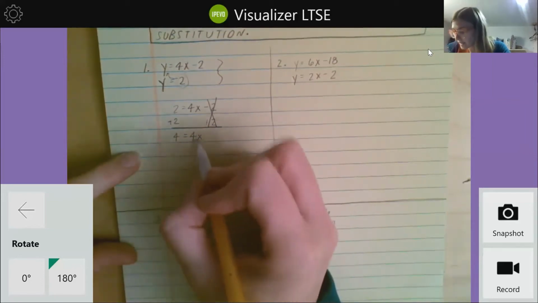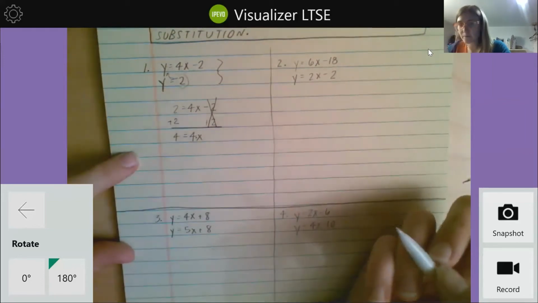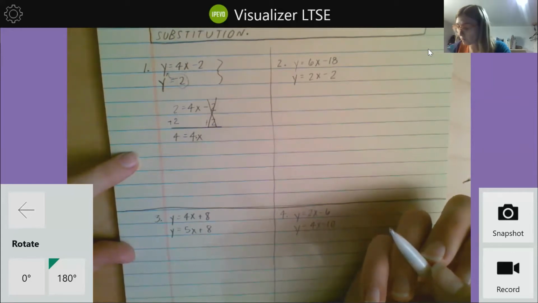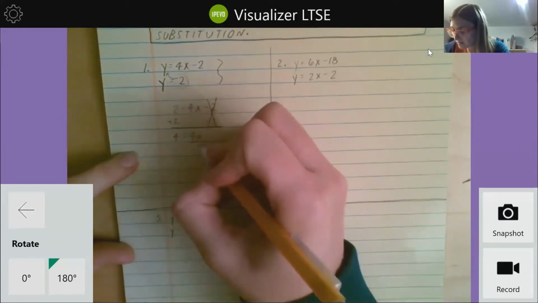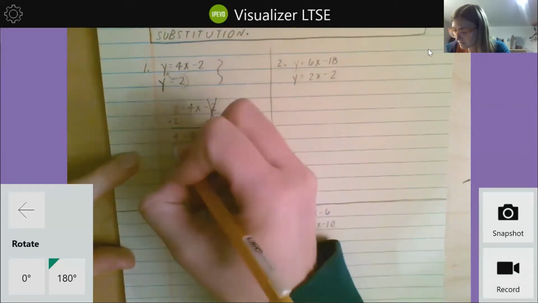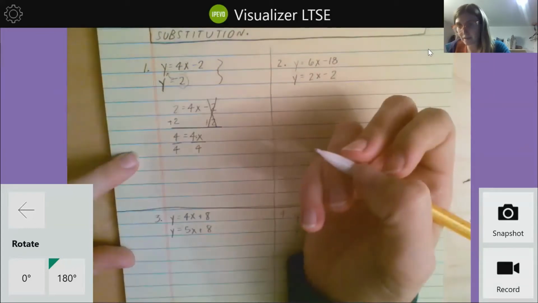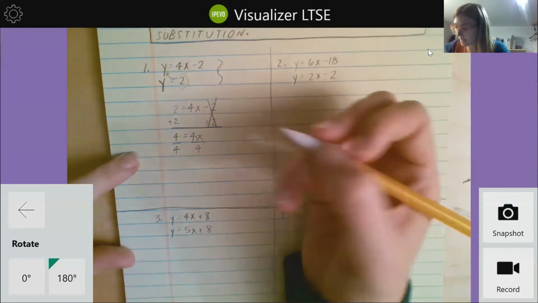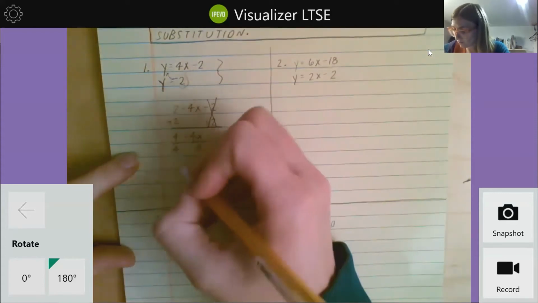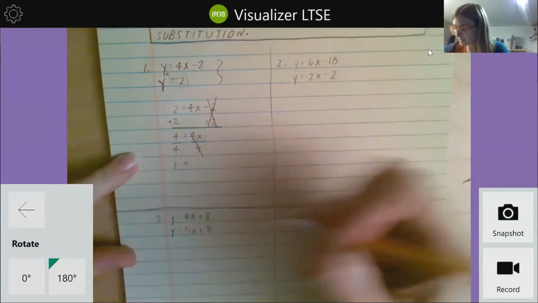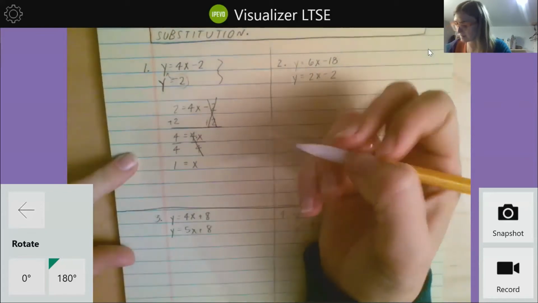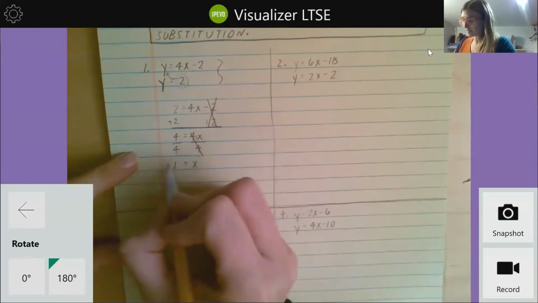I know that there's an invisible multiplication sign in between the 4 and the x. So in order to undo that multiplication, I need to divide. So I divide this side by 4, which means I divide that side by 4. And then I end up with 4 over 4, which is equal to 1. And those 4's cancel out, so that equals x. So now I know what my value of x is.